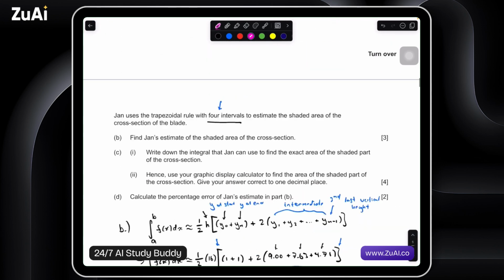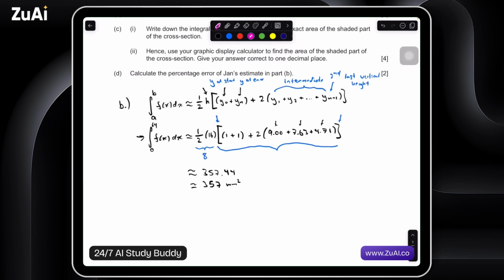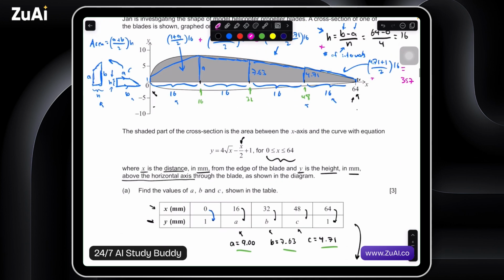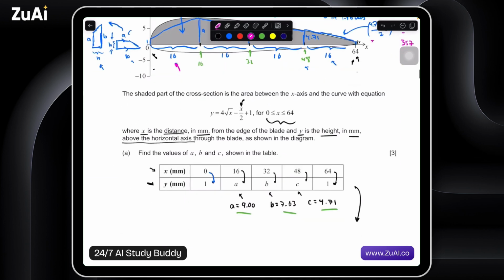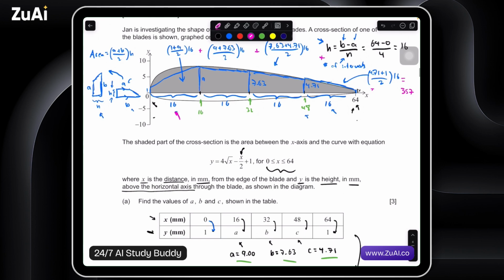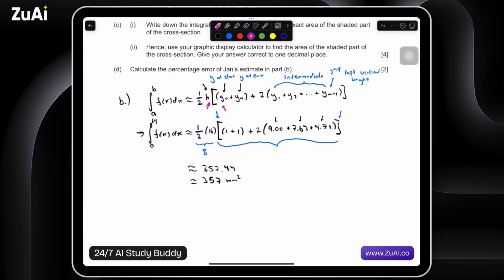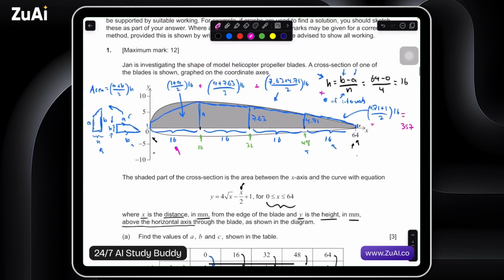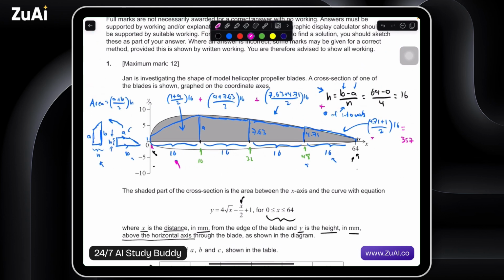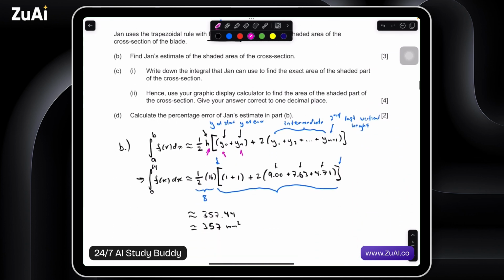All the formula is that condensed, where this is the size of the intervals. So our size of the intervals right here, traveling a distance of 64, breaking it up into 4 pieces. This is the height at the beginning. This is the height at the end. You see in our original trapezoid rule, we only had this as part of one trapezoid, and the end point is also just part of one trapezoid. And then we have 2 times these intermediate heights.